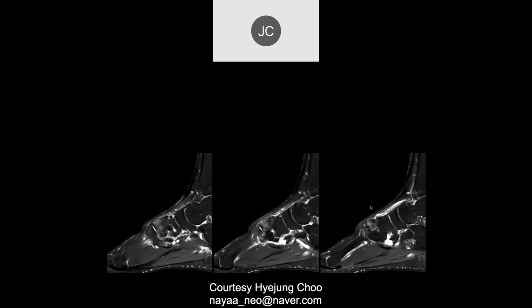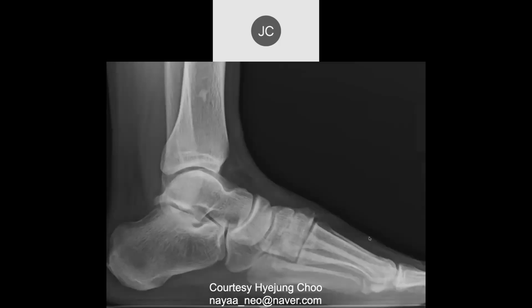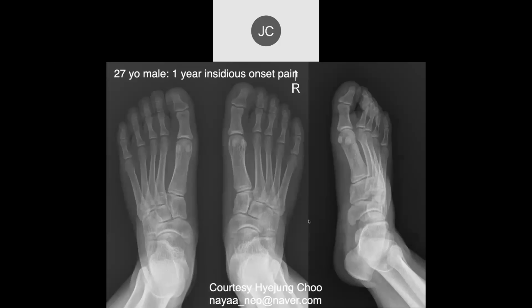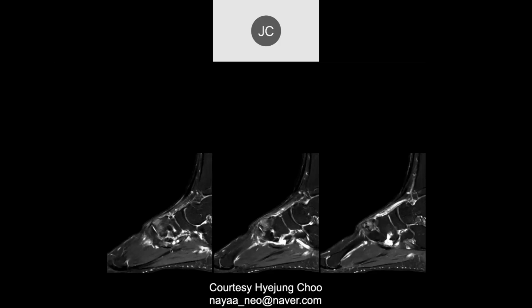Now, here's what the MR scan shows. I think there's a lot of pathology there that could be a cause of symptoms, but it's just very difficult to see on plain films. And certainly here, this is probably maybe a type 3 accessory navicular.